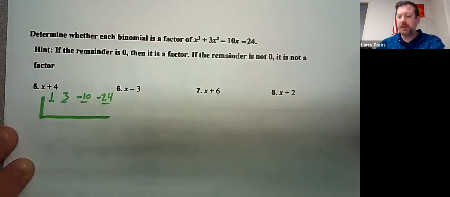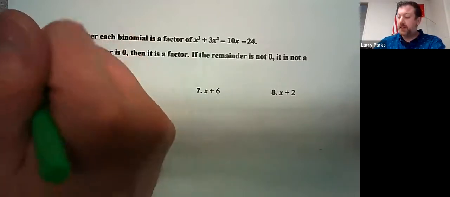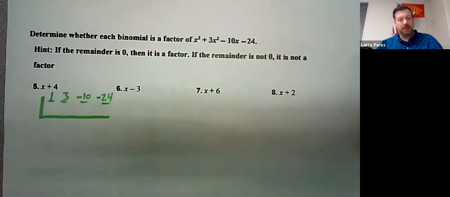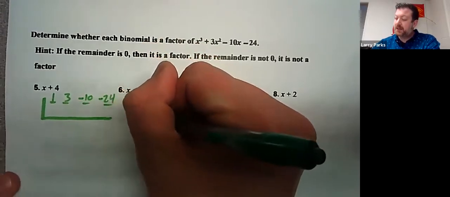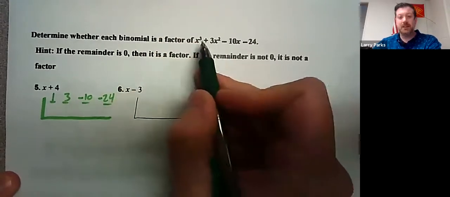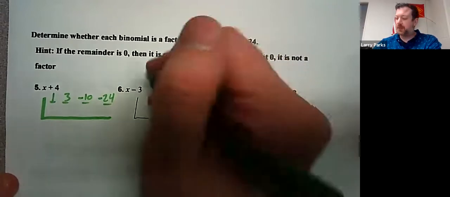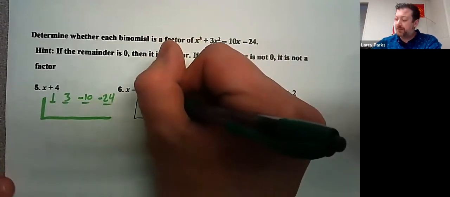And then I'm going to put it here, and if I wanted to, I could go ahead and fill this in, because we're going to use the same polynomial each time. So let me go ahead and fill this in for each of them.